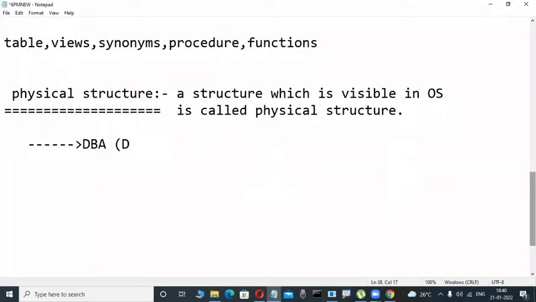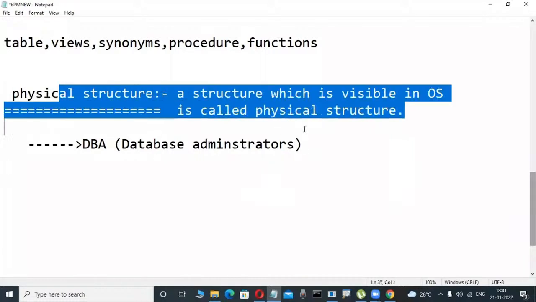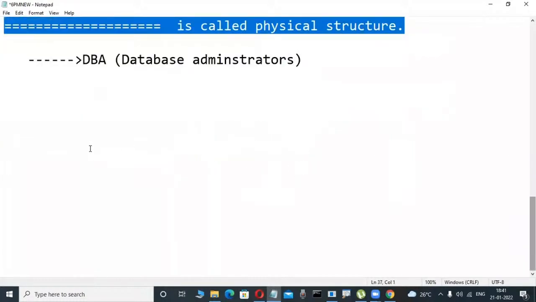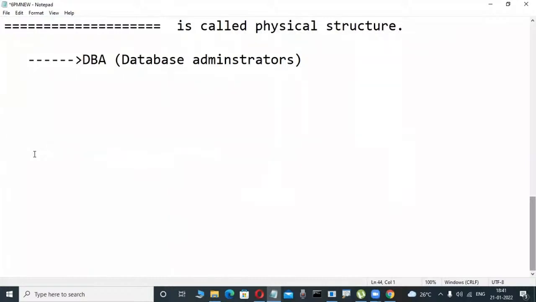In project side, some other type of persons are there in a database. Those persons, database administrators only, are working in the physical structure. Suppose I am an Oracle DBA, for example. Okay, I am learning Oracle DBA, for example. A DBA course is there, don't worry.